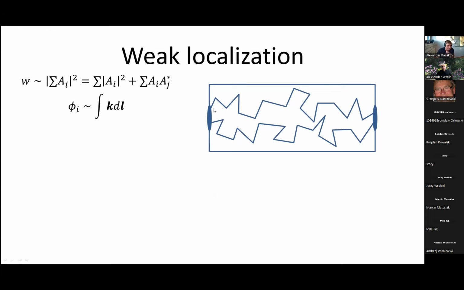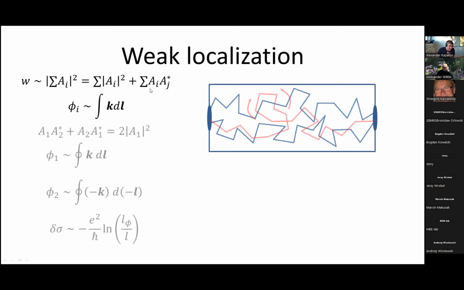There are two contacts. The simple way is to calculate the amplitudes of all possible paths and add them. They will also contain a term which is the interference term of different time-reversed paths.